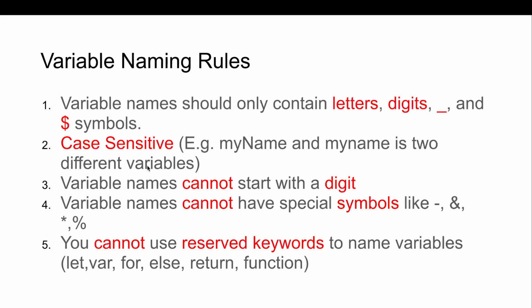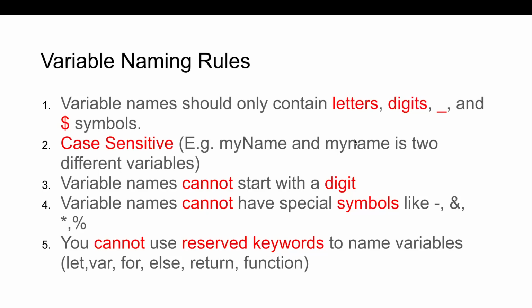Alright, and you should also remember how to name the variables. There are certain rules to be followed. When you're naming a variable, it should only contain letters, digits, underscore, and dollar symbols. By heart, you should remember these rules. And also, variables are case sensitive. Case sensitive means you see here the example myName.